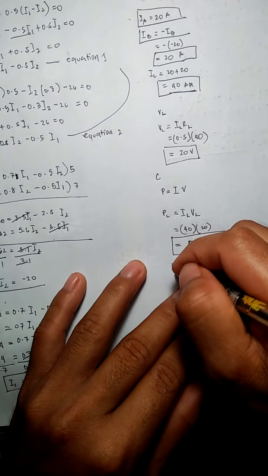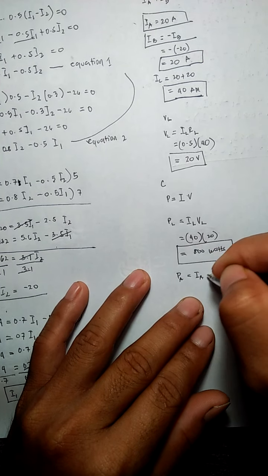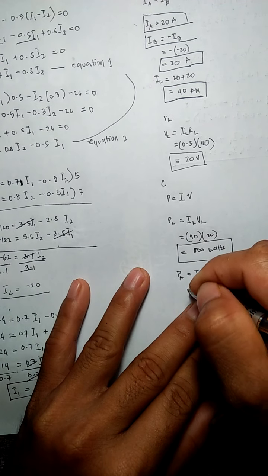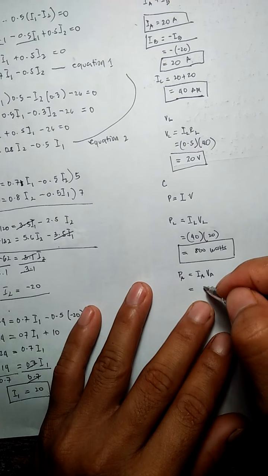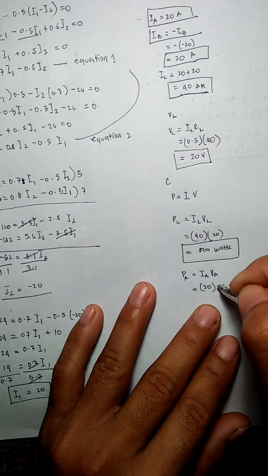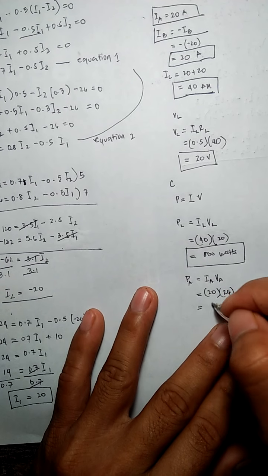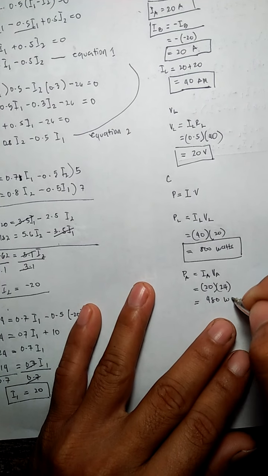Next is PA, equal to IA times VA: IA is 20 times 24 volts given, which results in 480 watts.